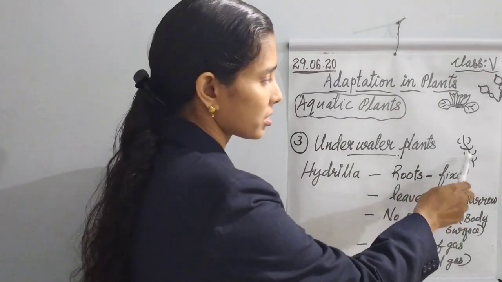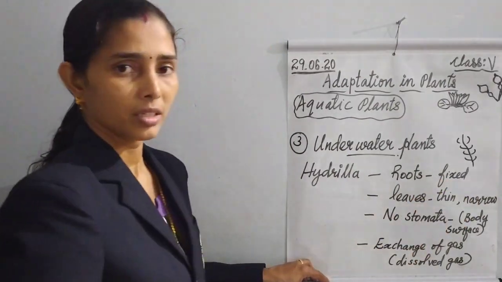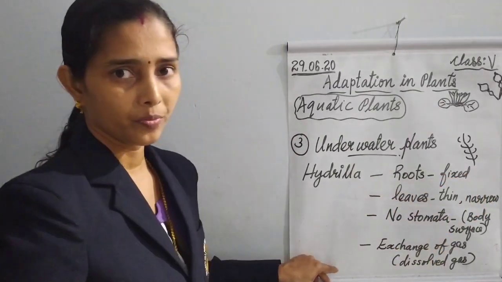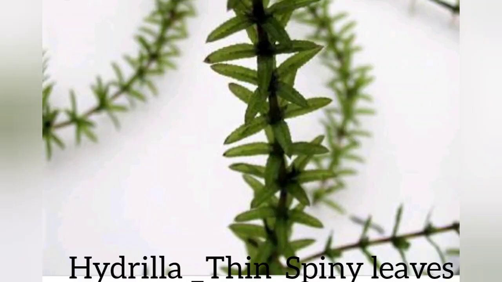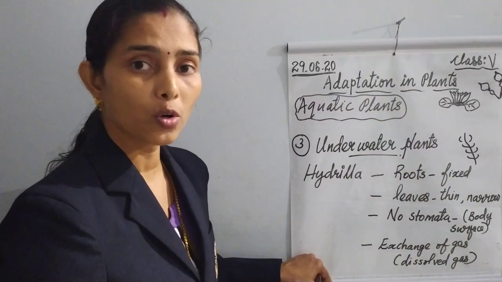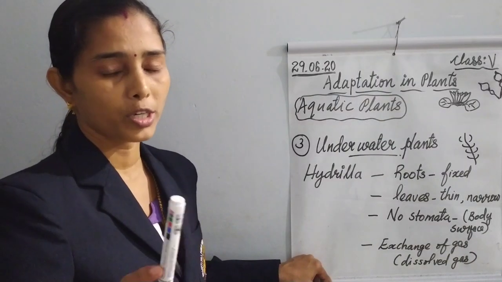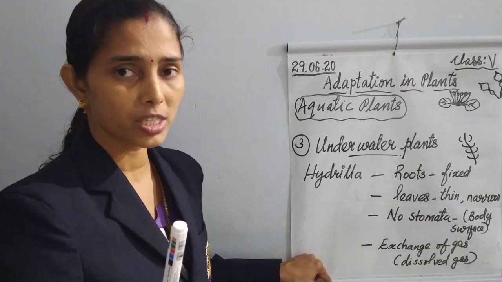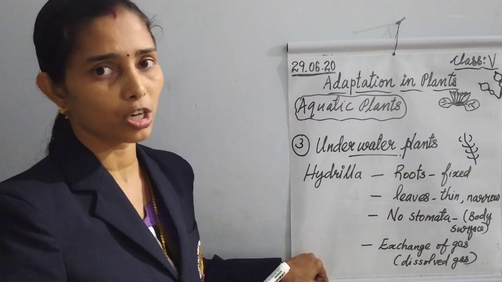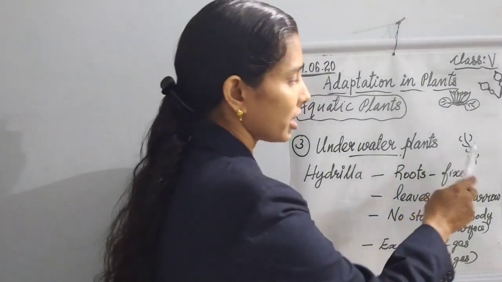Then we can see that the leaves are thin and narrow, and one of the adaptations is that there is no stomata. What is the function of stomata? All of you say, what is the function of stomata? Gas exchange is the function of stomata. Then the leaves are like this.